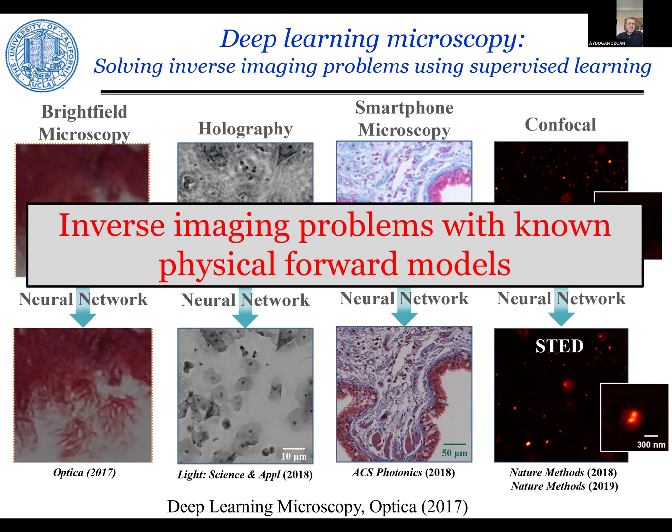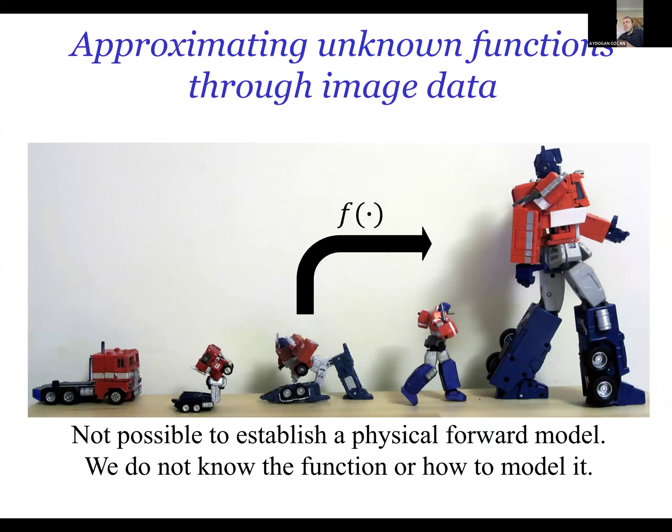But soon after that, we realized as a community that there is a much bigger opportunity. Arguably, the biggest impact for the use of deep neural networks in computational microscopy has been to approximate unknown functions through image data. So think of a transformation from the perspective of a microscopic image of a specimen.